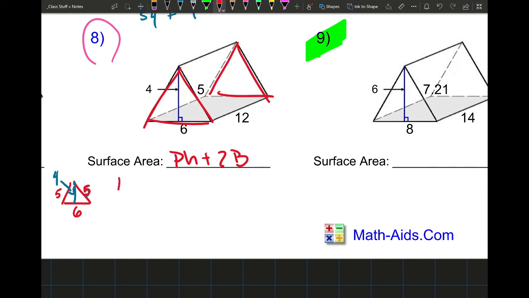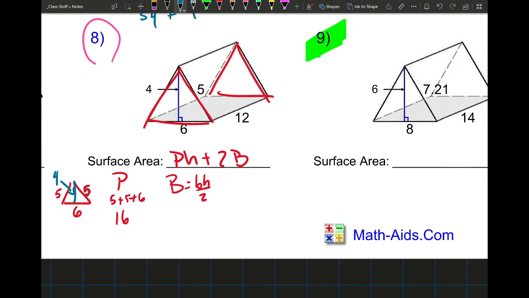To find the perimeter is very simple. All I gotta do is add the outside, right? Which is 5 plus 5 plus 6, which is 16. Easy, right? Now to find B, I'm gonna do base times height divided by 2. Oh, what am I gonna use, mister? There's too many numbers now. If you notice, this line is how tall that is.